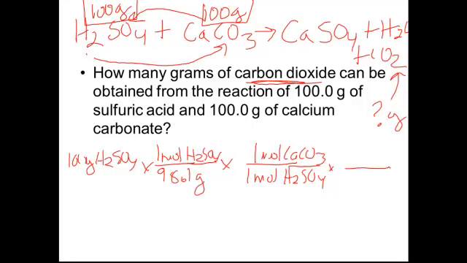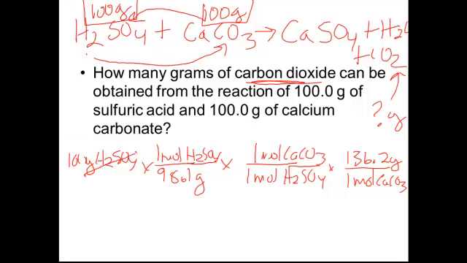And calcium carbonate: calcium has a mass of 40.1 plus 32.1, and 16 times 4 is 64, so plus 64. Calcium carbonate has a mass of 136.2 grams per 1 mole.